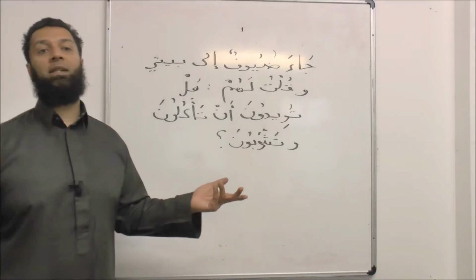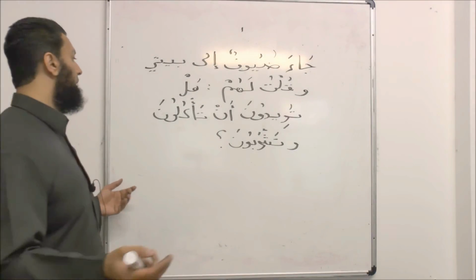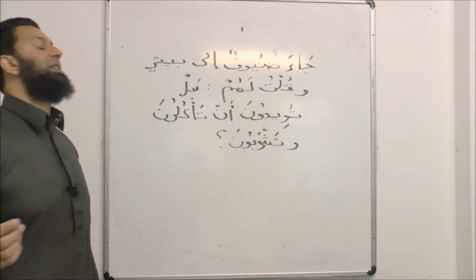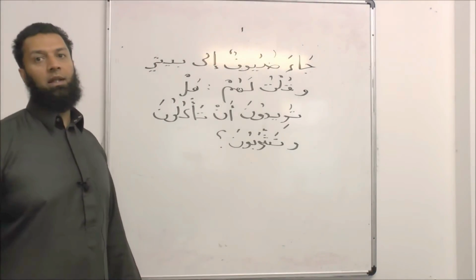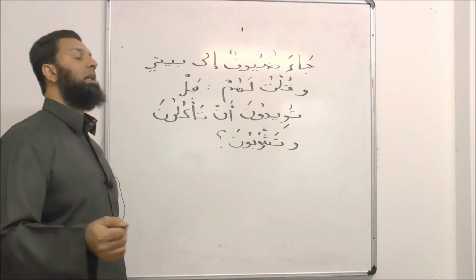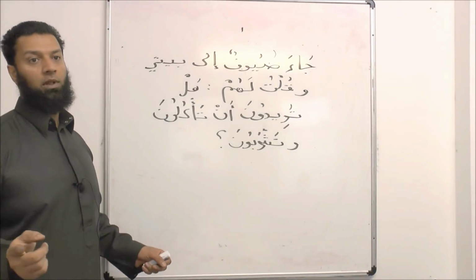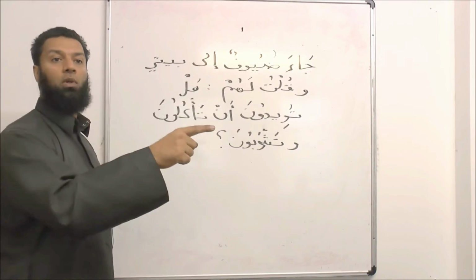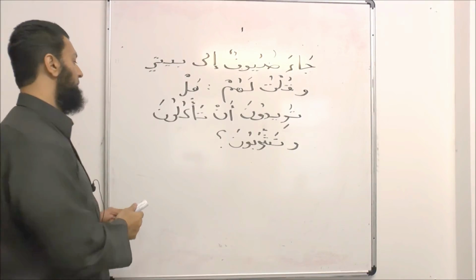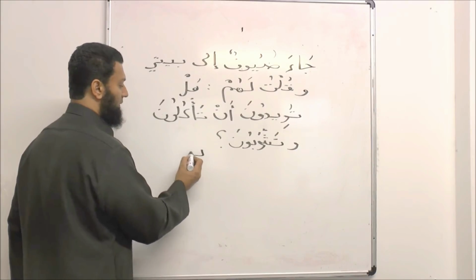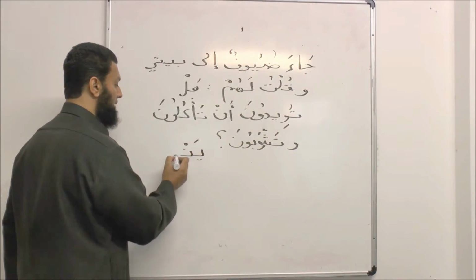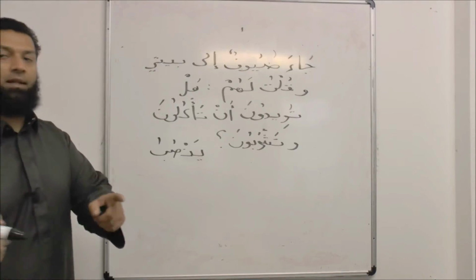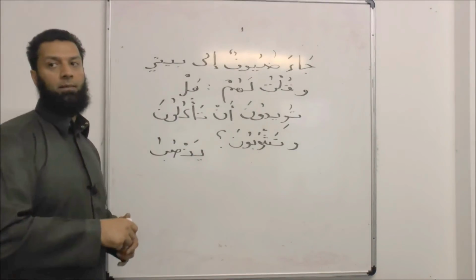Now there's two mistakes here. أن is من حروف النصب, ينصب الفعل. We need to get used to that term. Yansubu means it makes mansoob.